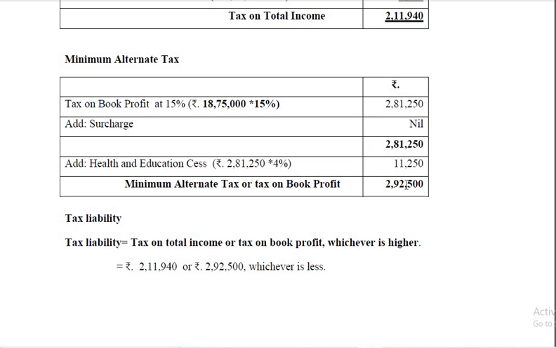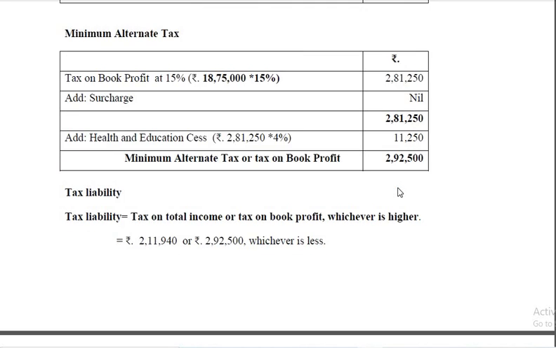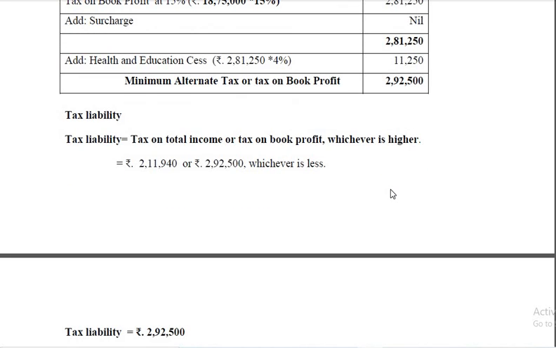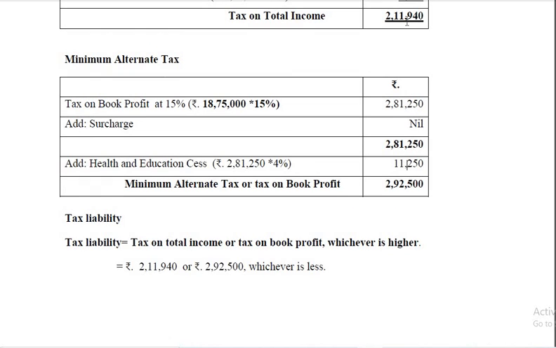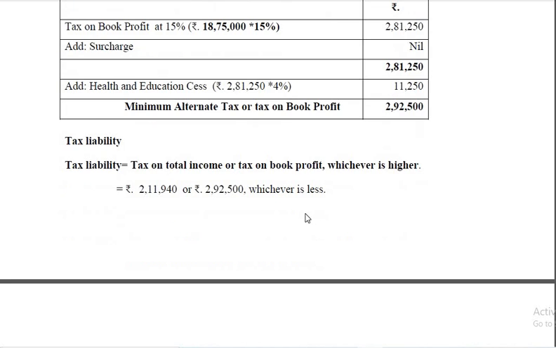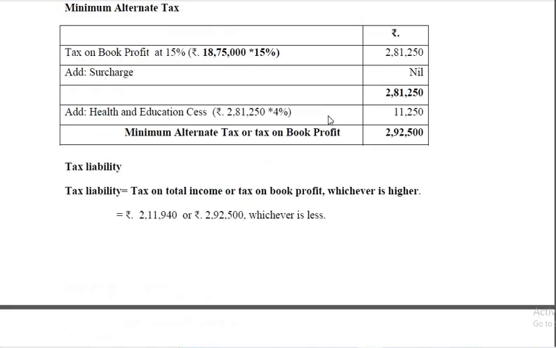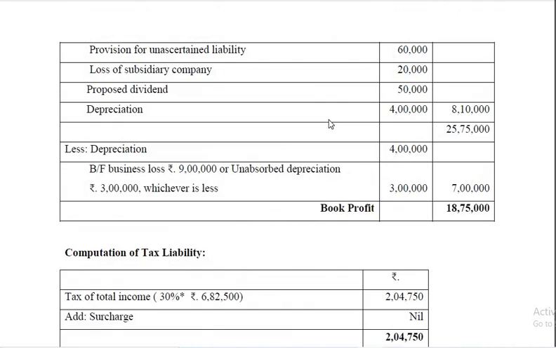Now what is the tax liability of the company? I told you the formula. Tax liability is equal to tax on total income or tax on book profit, whichever is high. Here you already learned tax on total income is 2,11,940 and tax on book profit is 2,92,500. Of these two, which one is high? I'm sorry, it should be whichever is high. I have written the formula here, you see.